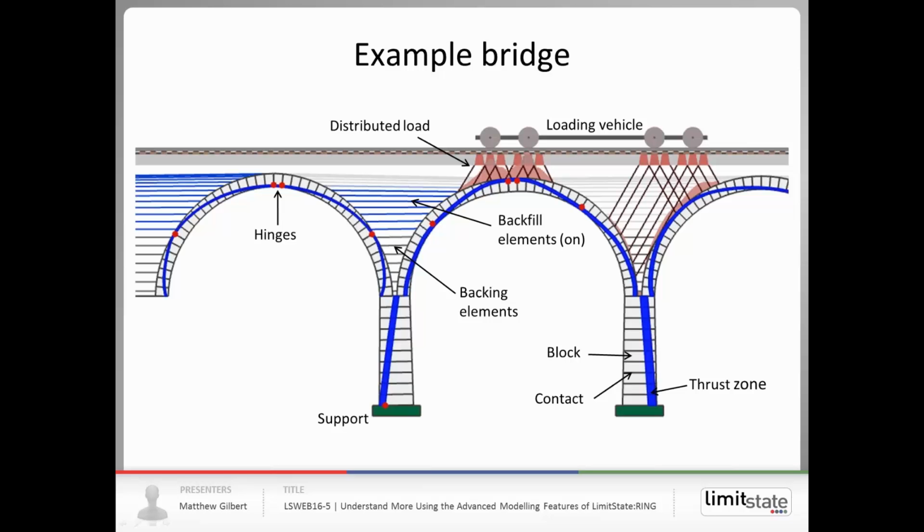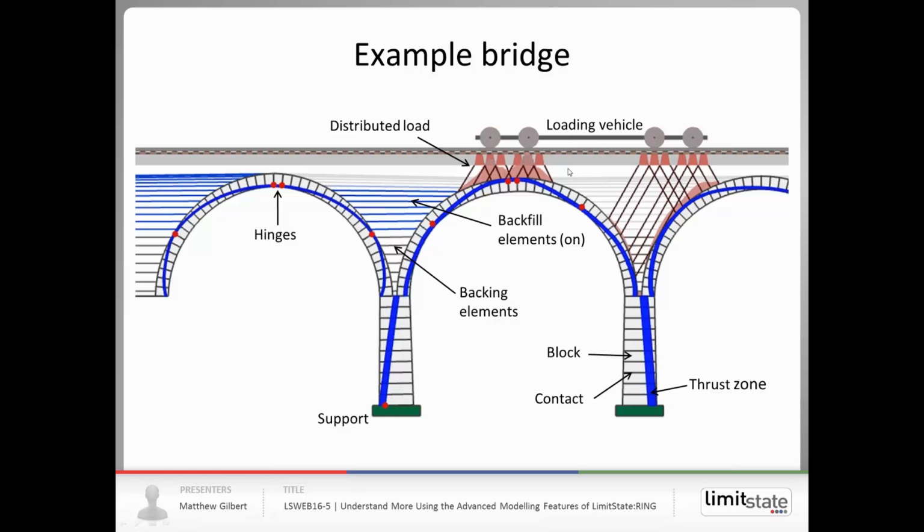And this shows, on screen now, the kind of things that you will see when you're using the software. So we see backfill elements. We also see a line of thrust or zone of thrust whose thickness is a function of the compressive strength of the masonry and the magnitude of the normal force.